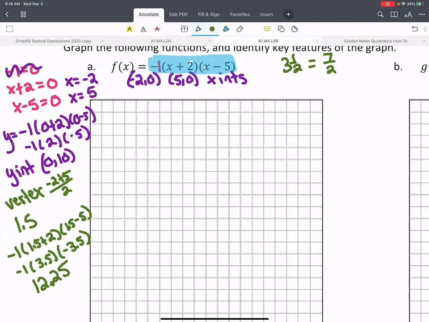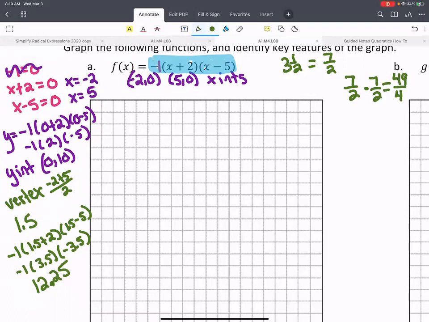So 7/2 times 7/2 is 49/4. Right, 7/2 times 7/2. 7 times 7 is 49. 2 times 2 is 4.